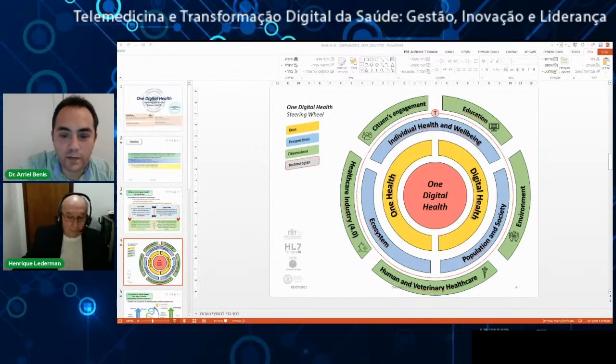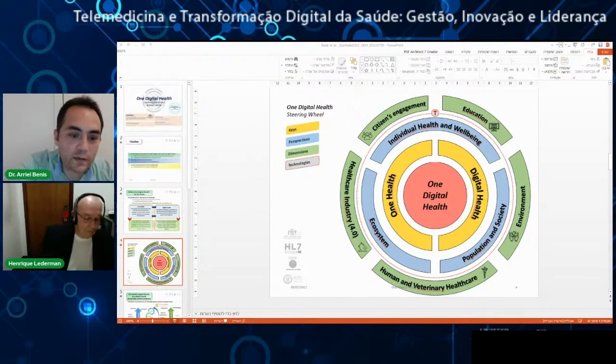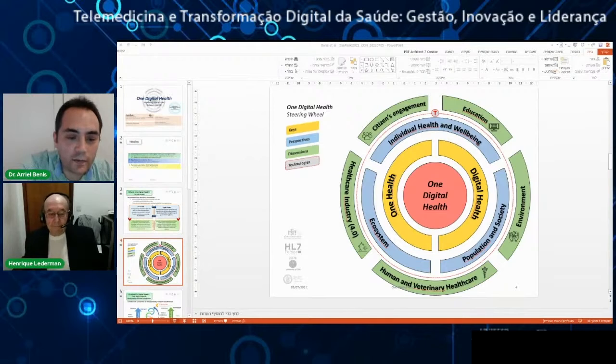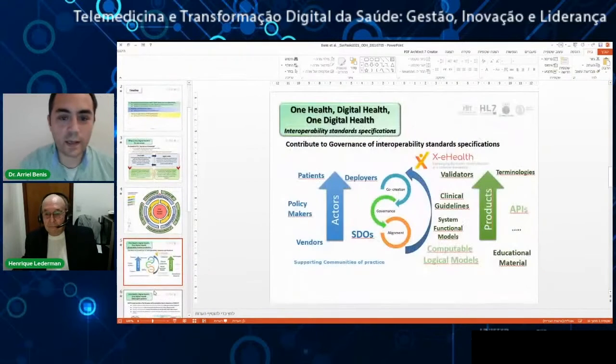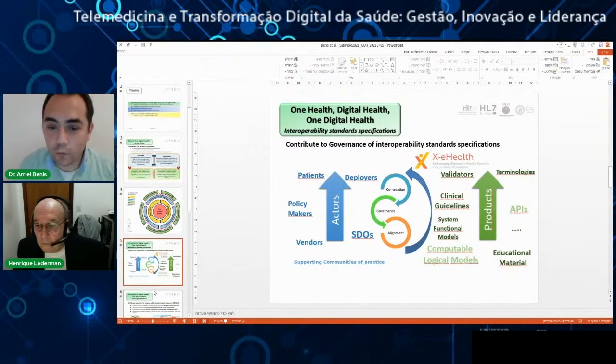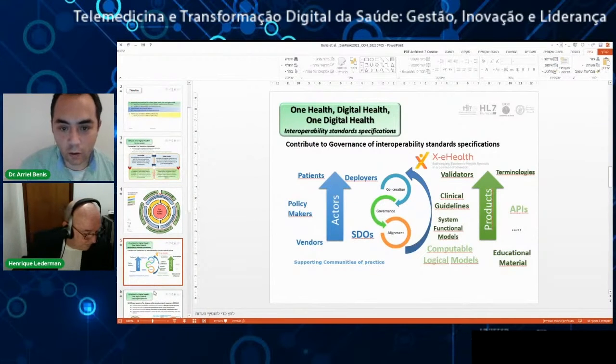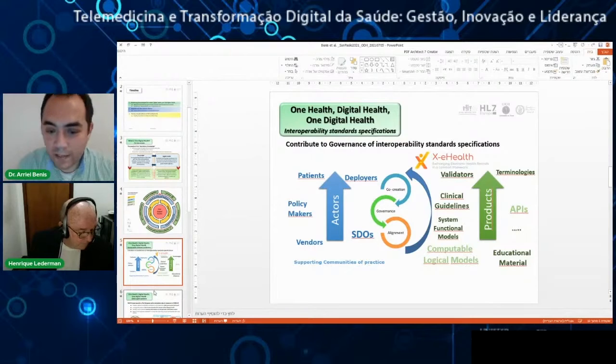You can see here the One Digital Health steering wheel, and all of this allows us to deal with interoperability. Like you can see here, we need to involve the actors of health, patients, health providers, policymakers, vendors for developing the right tools.